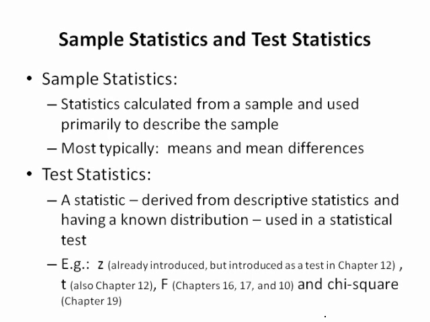As you might recall, last time we ended up talking about sample statistics and test statistics and the differences between those two terms. So just as a recap, sample statistics are the statistics that are calculated from an actual sample, and then we calculate some numbers, and we summarize or describe the sample.